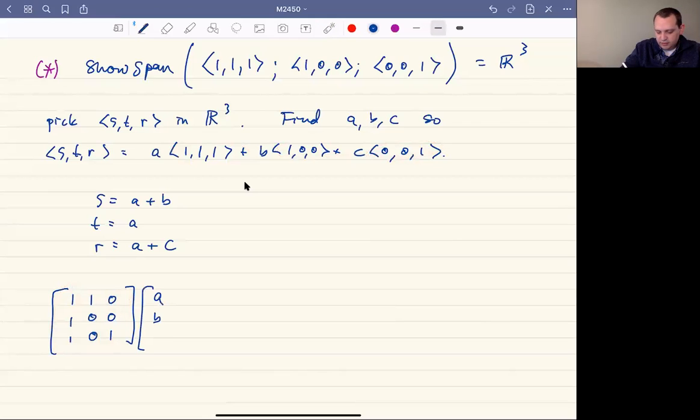You could equivalently write them as the rows, that's fine. And times (A, B, C) is going to be equal to the vector (S, T, R). And it turns out that this has a unique solution.